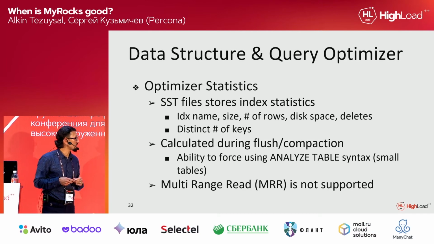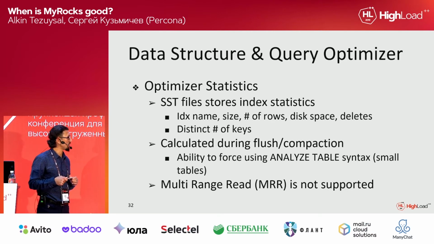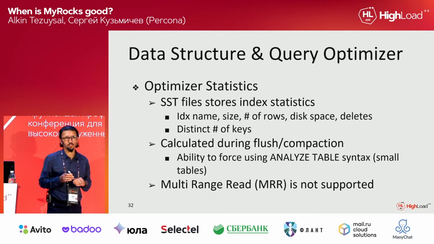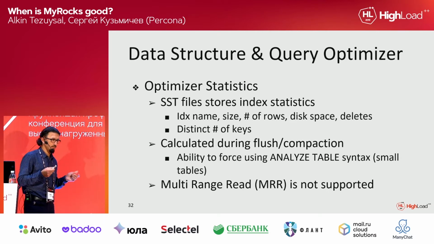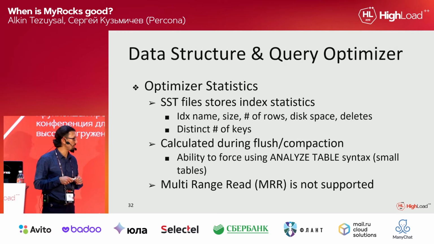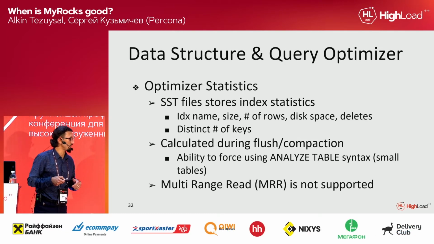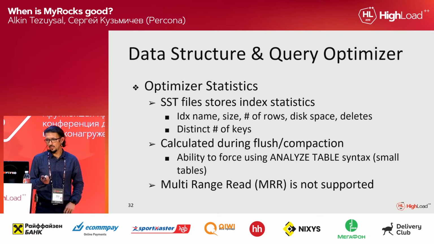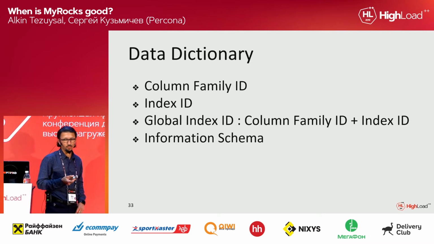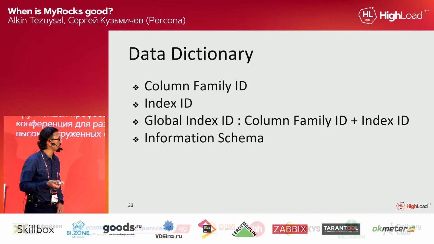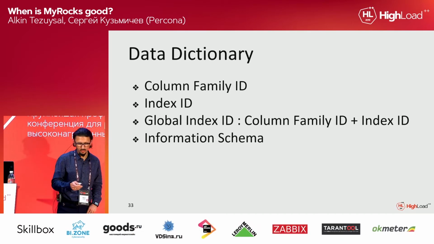The optimizer statistics are kept on the SST files, and they are calculated during the flush and compaction level. So they're slightly faster, and it's robust. And you still have the query optimizer and that kind of data. You can query that from the data dictionary too. The information schema allows you to look at the column families, index IDs, and the optimizer statistics.